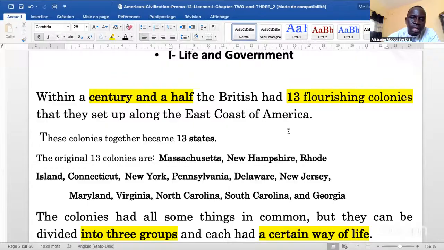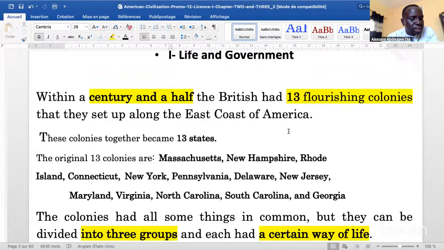So over 150 years of occupation, the British were able to settle 13 colonies on the east coast.